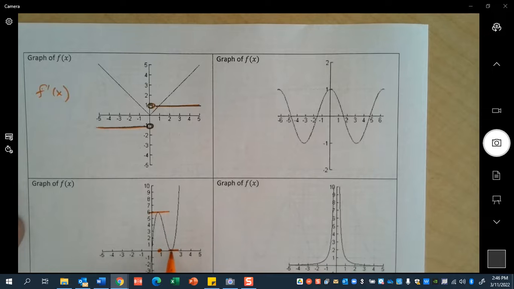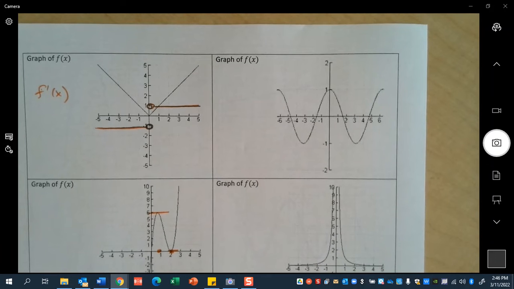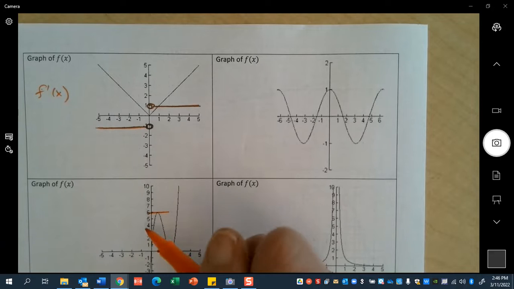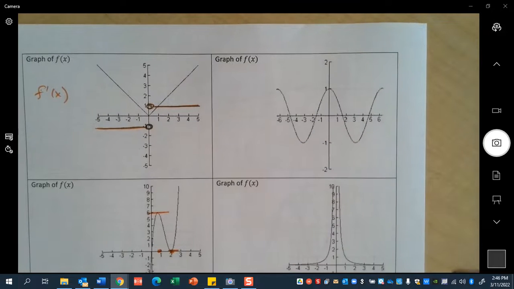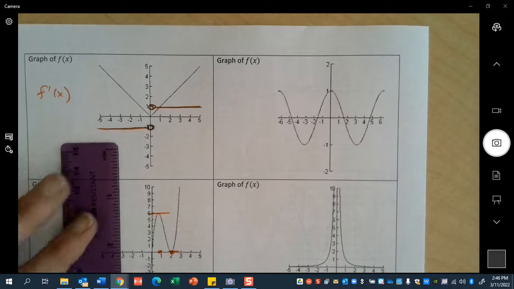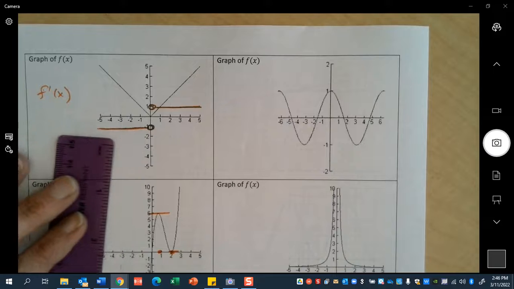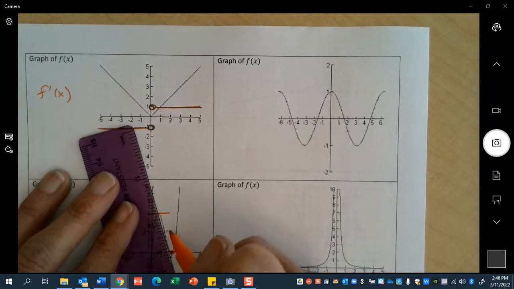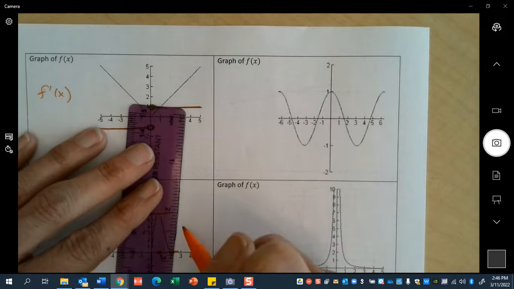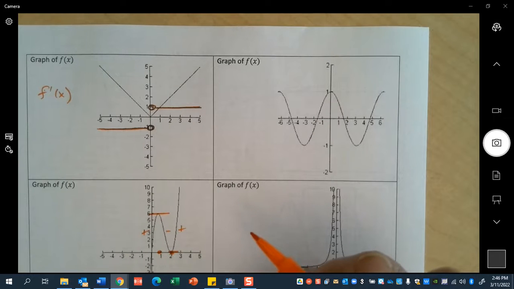This is where my derivative graph is equal to 0. And ask yourself, is the slope of my tangent line positive or negative? Here the slope of my tangent line is positive. Here the slope of my tangent line is negative. Here the slope of my tangent line is positive.